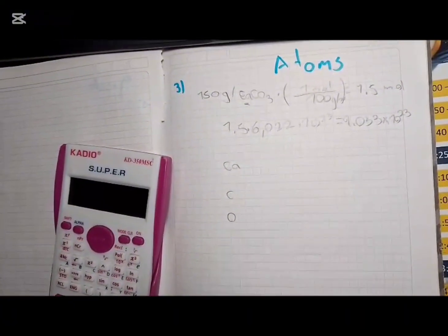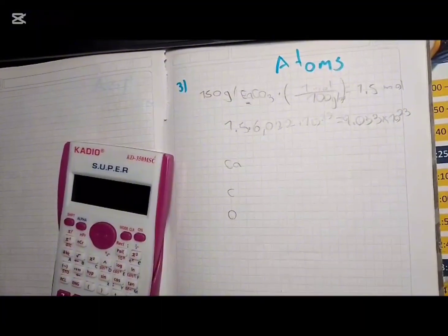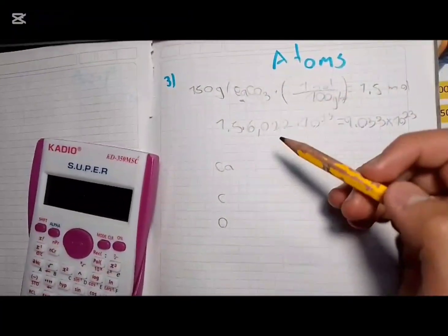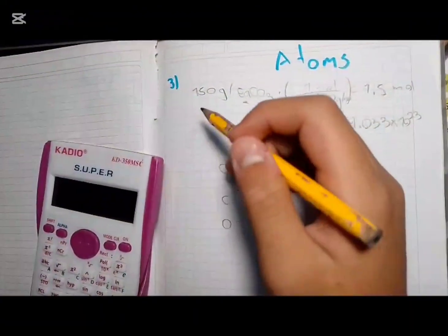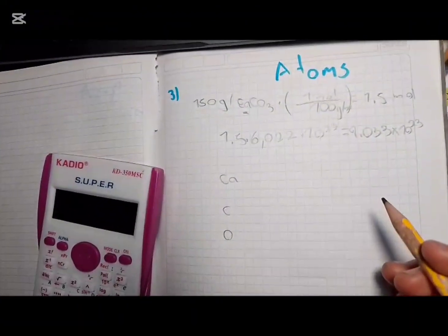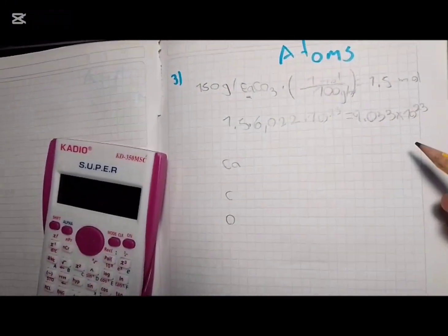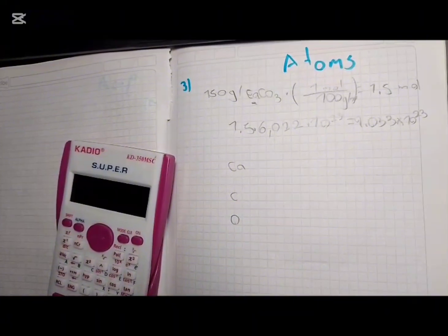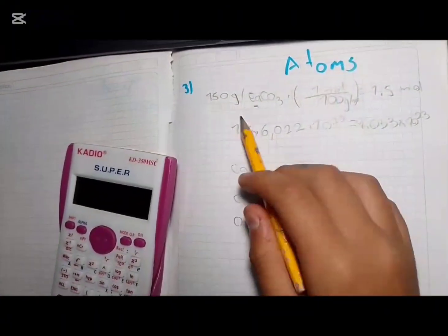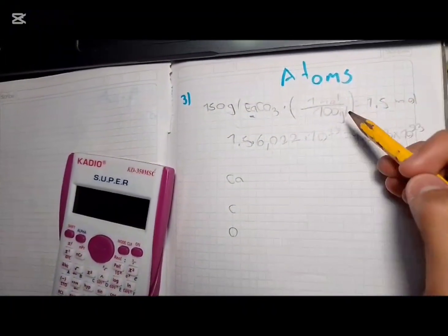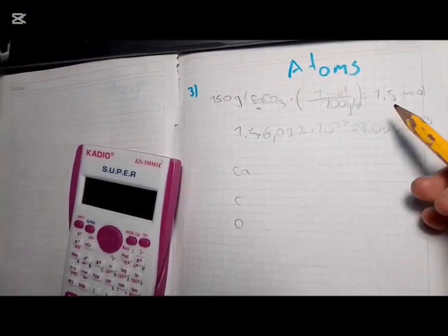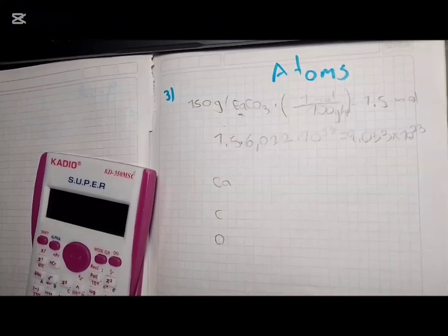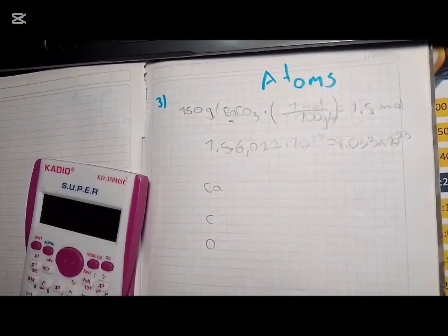The next exercise, and the last, is calcium carbonate, and I have 150 grams of calcium carbonate, and to pass to atoms I need moles. First I pass to moles: I multiply the grams by 1 mole divided by 100, the molecular mass, and this is the result: 1.5 moles.